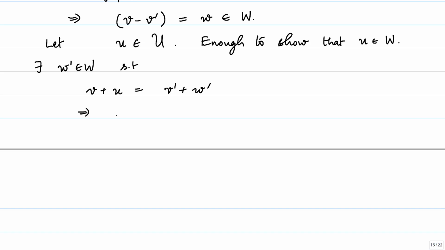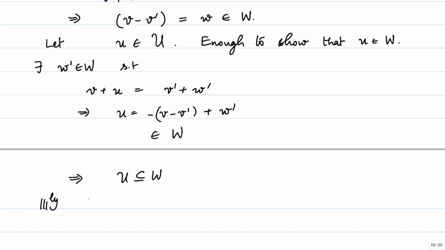But that would imply u is equal to minus of V minus V prime plus w prime. But notice that V minus V prime is in capital W, minus of V minus V prime is in capital W, and w prime is also in capital W, which means that this sum is in capital W, which implies that u is contained in capital W.